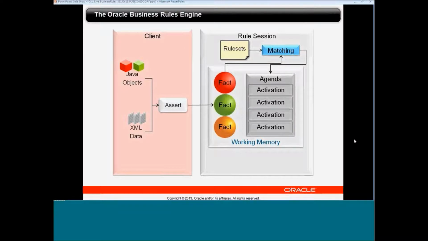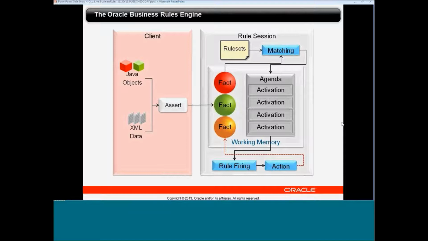So when all of the matching has occurred and all of the activations have occurred that are going to, the rules are then fired. And this is the place then where the action portion of the rule is executed. So first the conditions are all evaluated, then the actions are executed. Among the actions that can be taken, the action has the ability to add, change, or delete the facts in working memory.